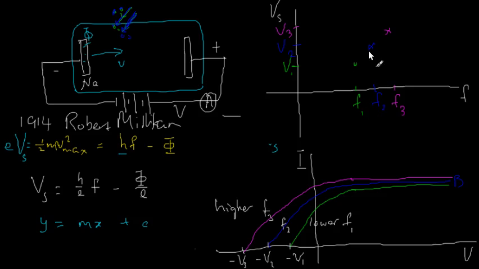So he found a straight line, and we can now draw a line through this graph. This is a straight line graph, and we can find the gradient from this graph.